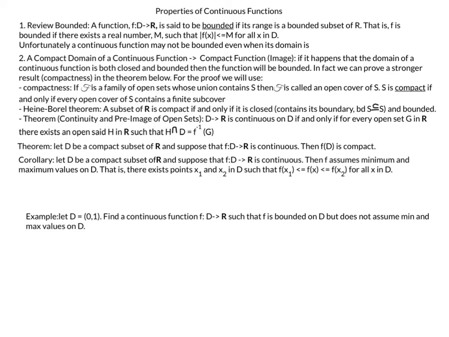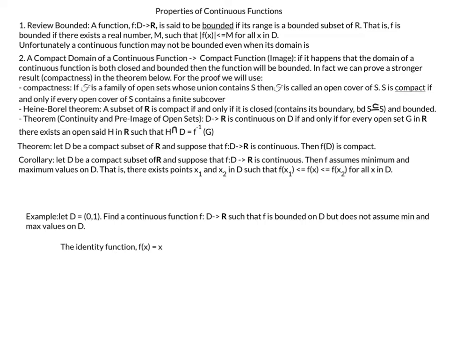Find a continuous function f from D to R such that f is bounded on D, but does not assume min and max values on D. Also here you can see that D is bounded above by 1 and bounded below by 0. We can consider the identity function again. Because f is bounded on D, F of D is bounded.